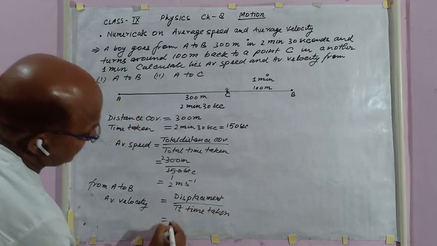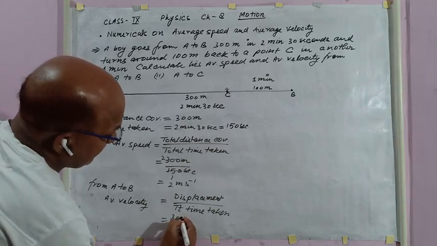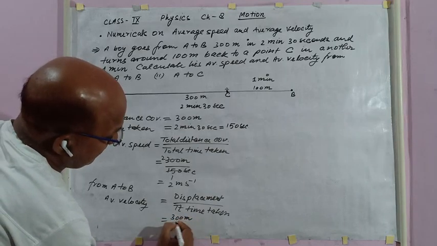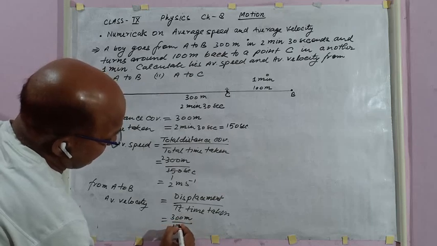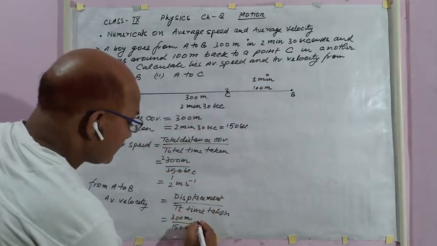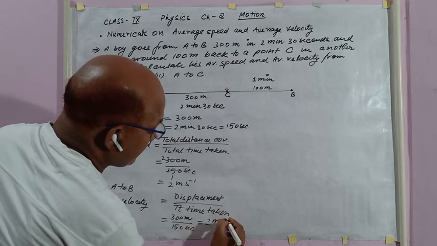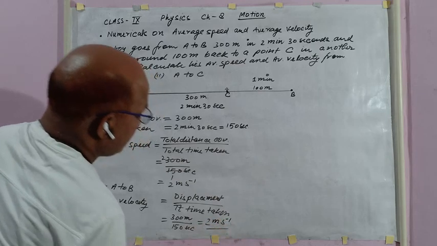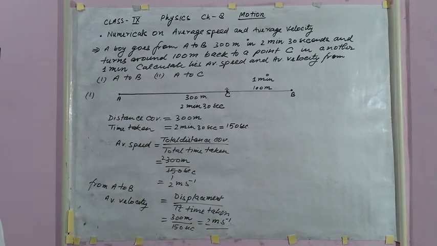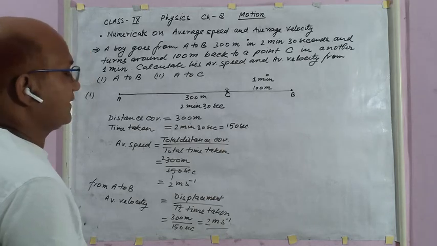So what is the displacement? 300 meter, and total time taken is again 150 seconds from A to B. So this is 2 meter per second. So average velocity from A to B is 2 meter per second.